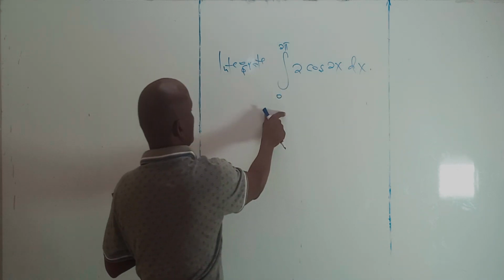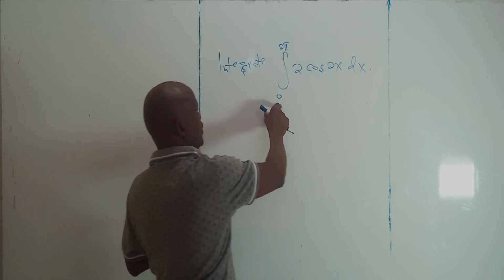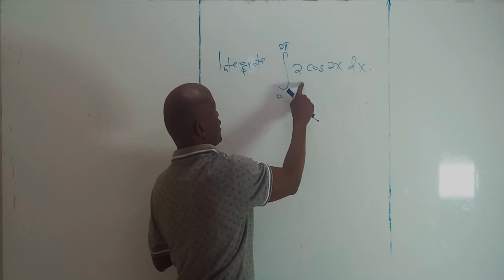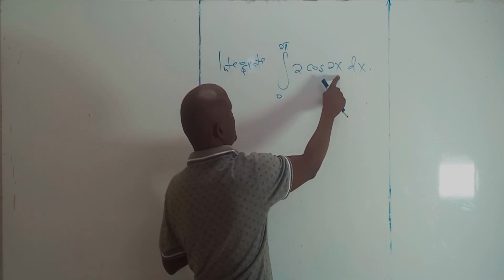Integrate this integral, that is from 0 to 2 pi. So the function that you're integrating is 2 cos 2x dx.